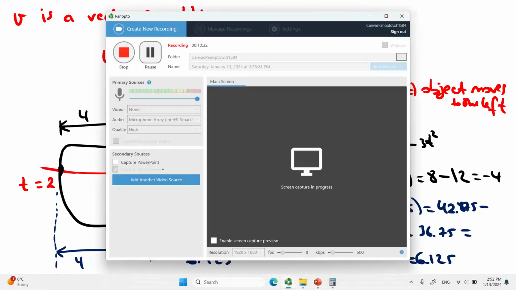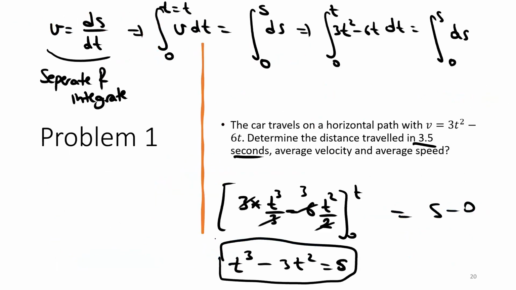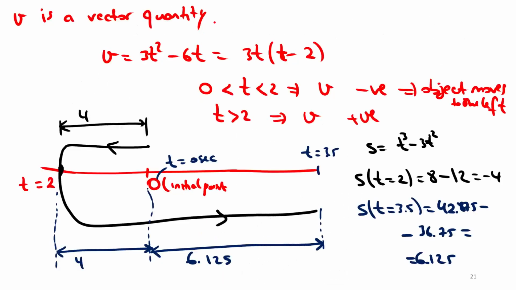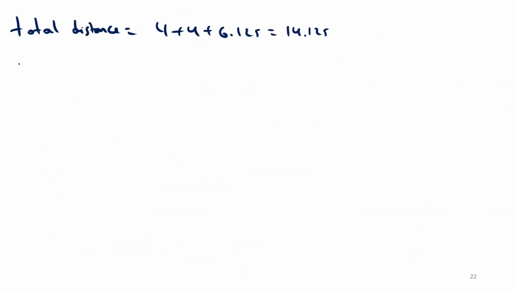So the object traveled 4 meters, and then 4 meters, and 6.125 meters. So the total distance traveled will be 4 plus 4 plus 6.125, which is 14.125.